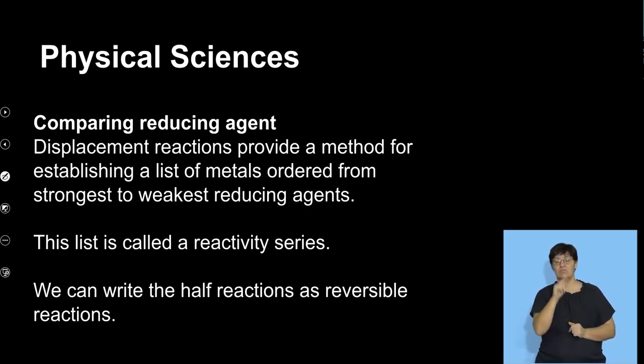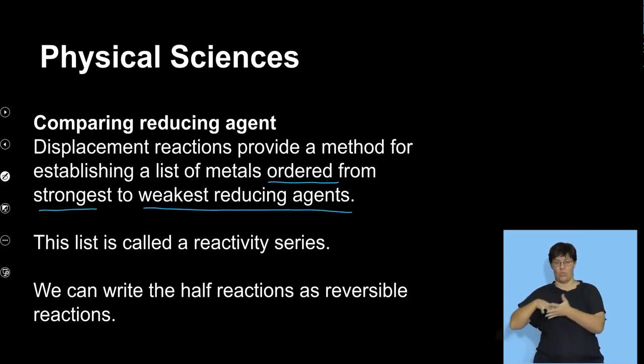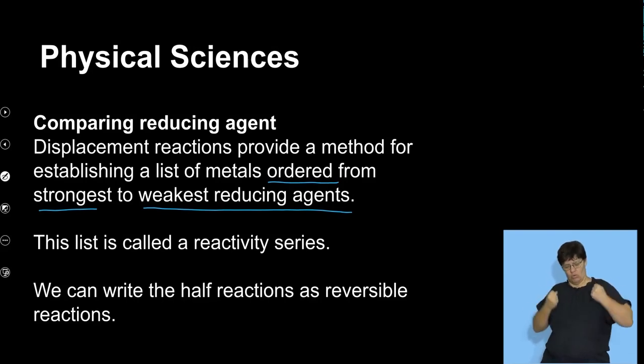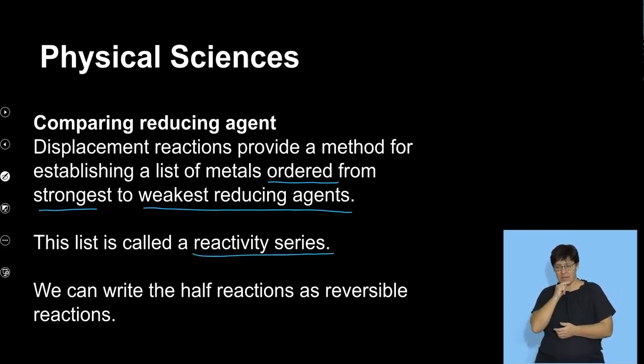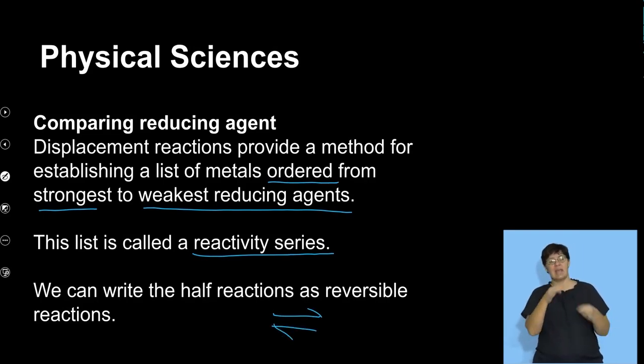So if you compare the strength of reducing agents, displacement reactions provide a method for establishing a list of metals in a sequence from the strongest to the weakest reducing agent. A stronger reducing agent will show greater willingness or readiness to lose electrons, okay? Now this list, we call it the reactivity series, which is not entirely new to us. So we can write half reactions as reversible reactions, okay, which explains the double arrow that we saw in the example with zinc in those 2 different reactions, right?